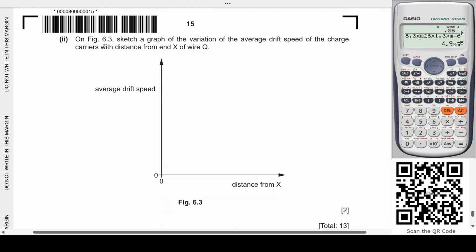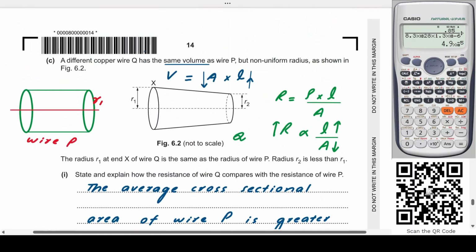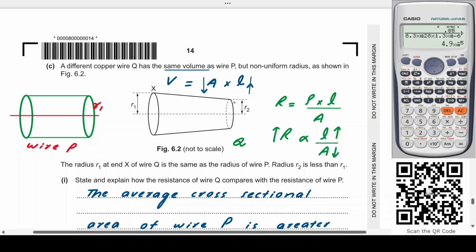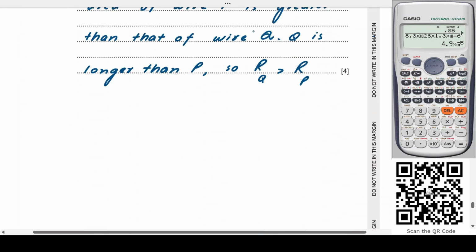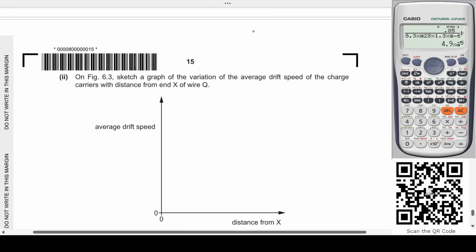Okay, the last part: sketch the variation of the average drift speed of the charge carriers from end X of the wire. So from end X to the other side, from a thicker side to a thinner one, the drift speed would be increased. So the graph would be something like this.